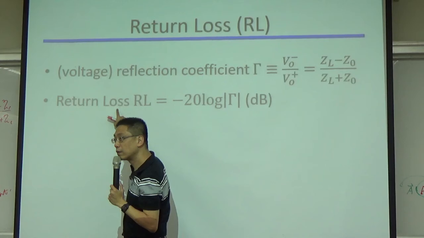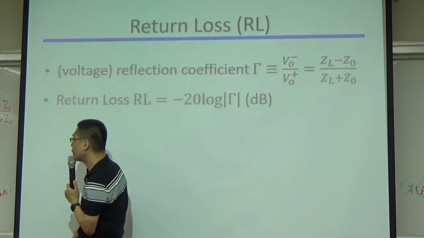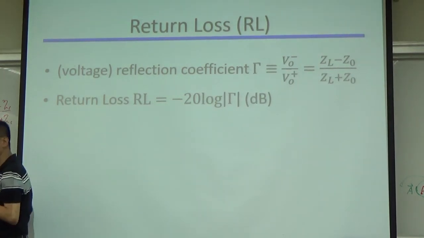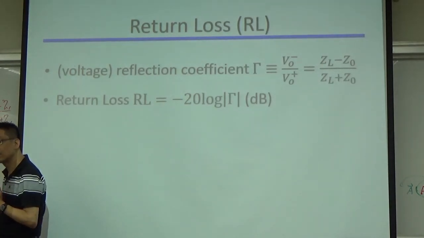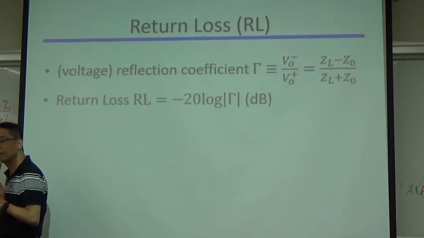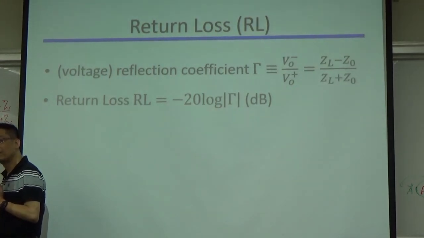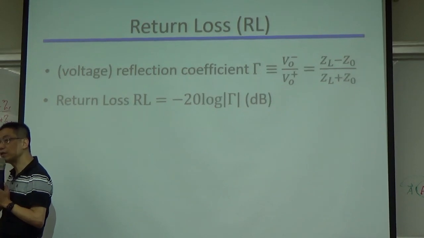You understand? But if you're talking about the reflection coefficient, it is negative. Okay? Understand? The reflection coefficient in dB is negative because it's less than 1, so it will be negative.